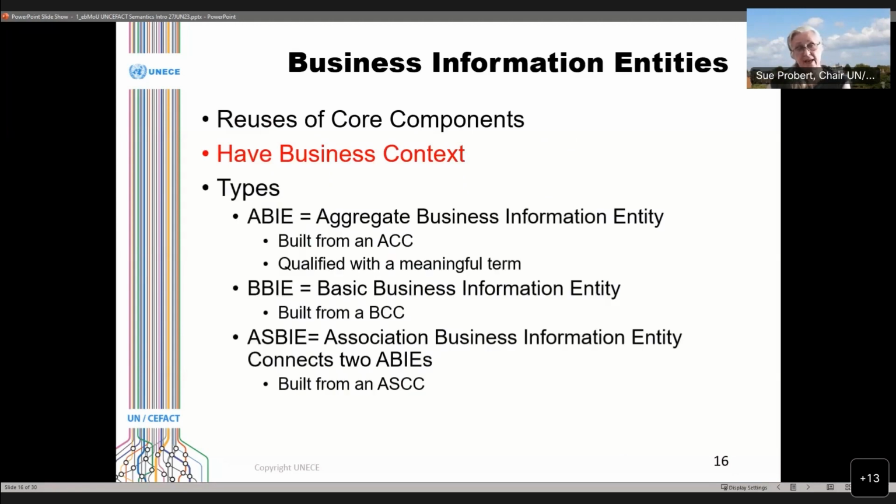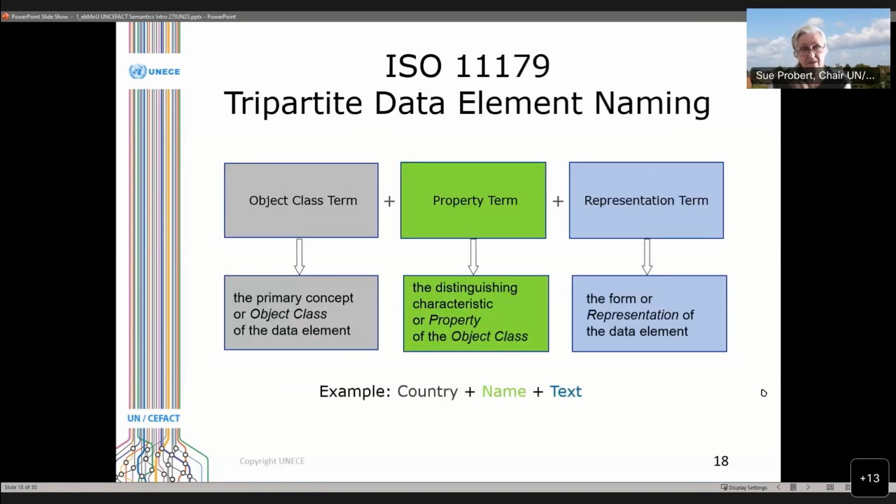When we move to the next layer and we have the business information entities, then we add the business context, and the types there are the aggregate business information entities, the ABIEs. These are business information entity classes, and within them, again, you have simple and complex attributes. Each one of those is always based on the underlying base core component. Thank you. Next slide, please.